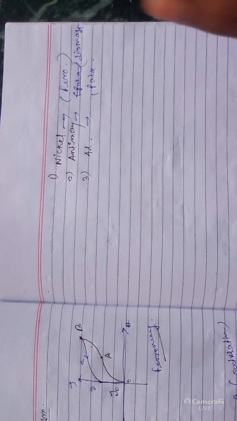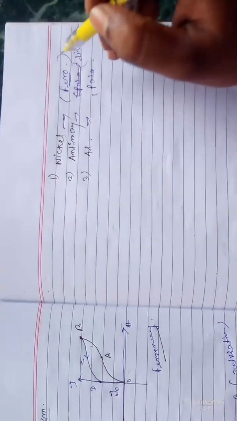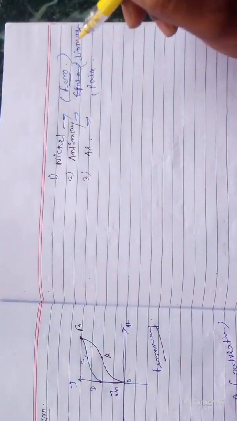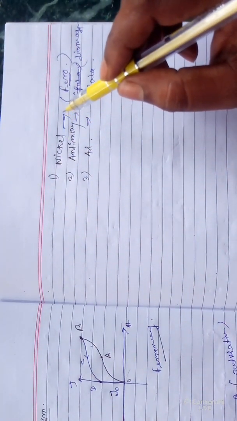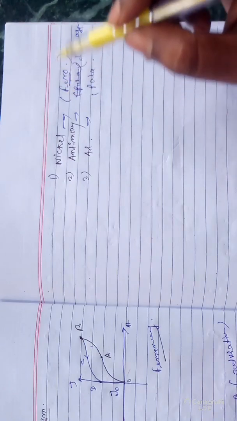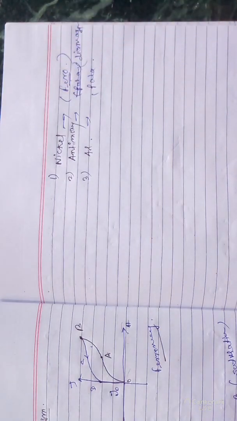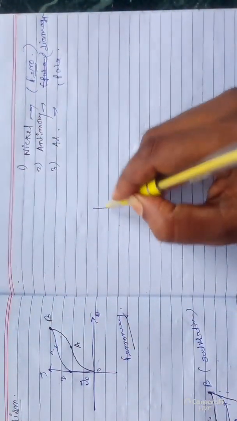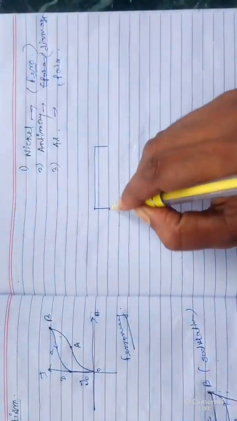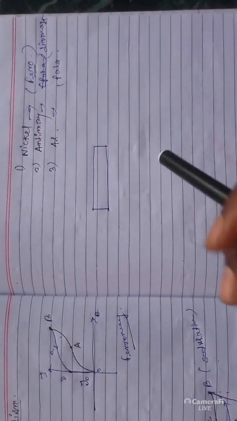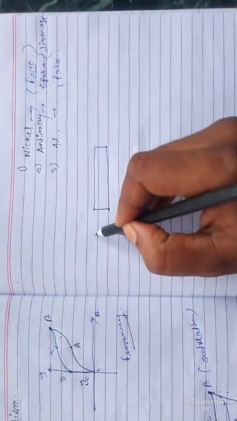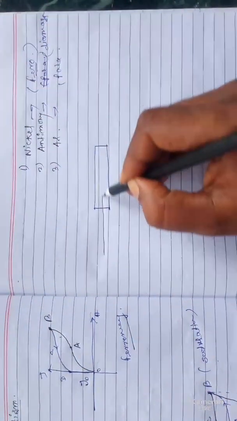And you know that when you place nickel, a ferromagnetic substance, in a uniform magnetic field, it will attract the magnetic field strongly. Clear? So I am drawing the diagram for nickel. Suppose this is nickel placed in a uniform magnetic field. All the magnetic field will be attracted towards it strongly.